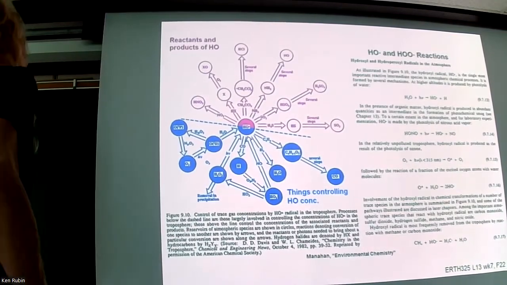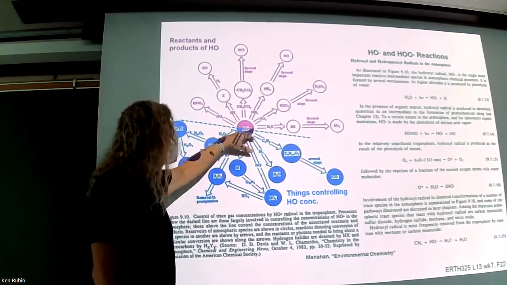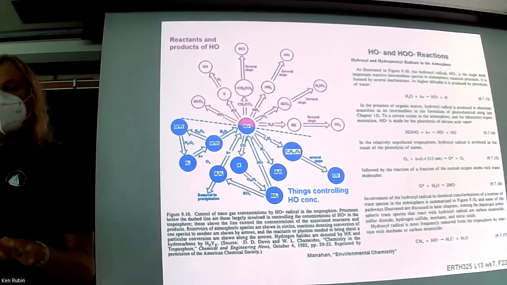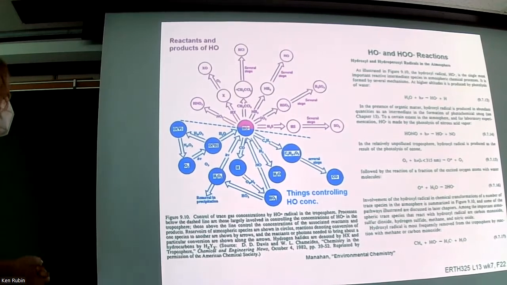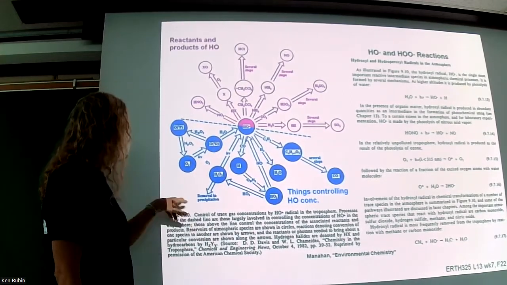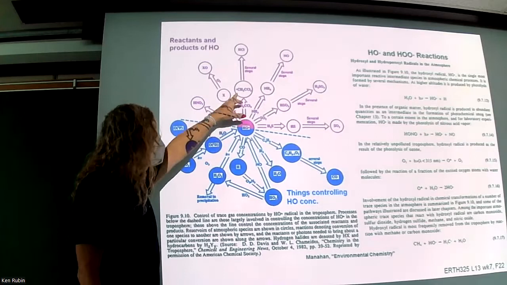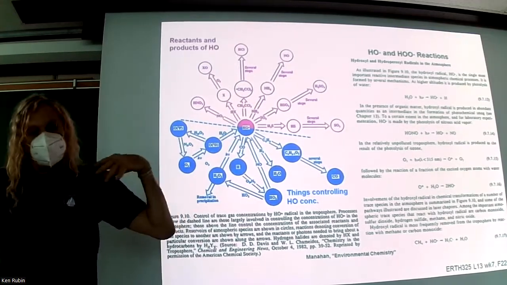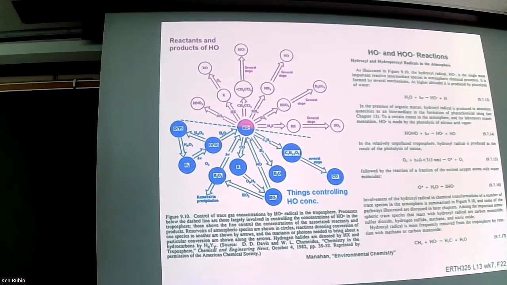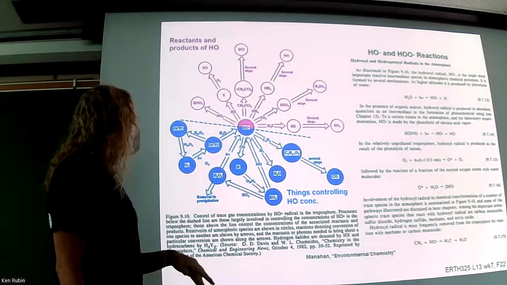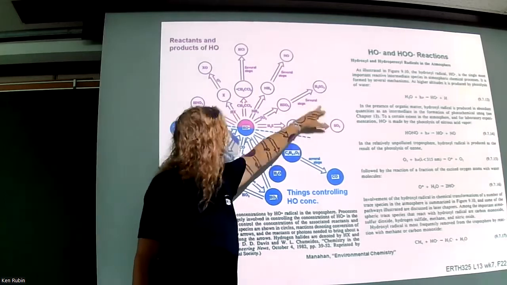So I point out here on this slide, this is from a different textbook, the importance of hydroxyl radicals in many different aspects of chemistry in the atmosphere, not just the acid-base cycle, but other phenomena such as involving the ozone layer and the production and destruction of chemicals such as chlorofluorocarbons. Again, this is a topic we spent several weeks on in the environmental chemistry class, but hydroxyl doesn't just oxidize sulfur to make sulfuric acid.